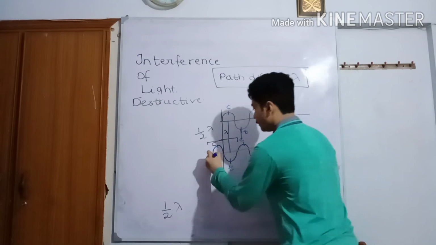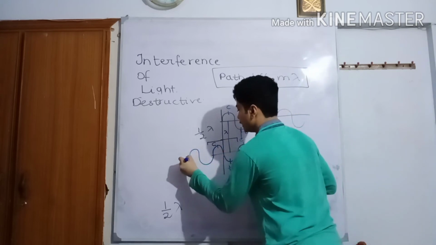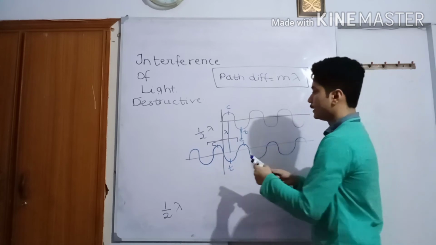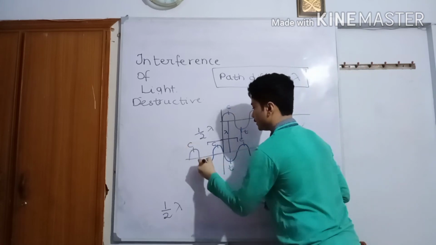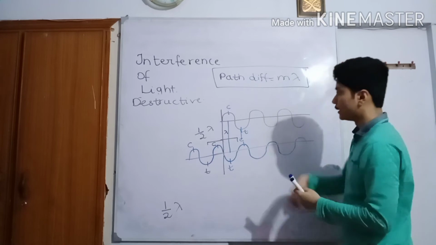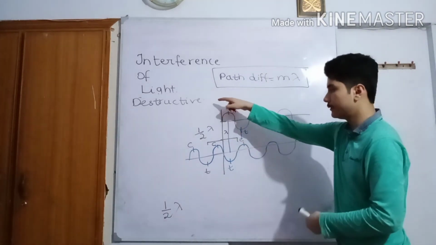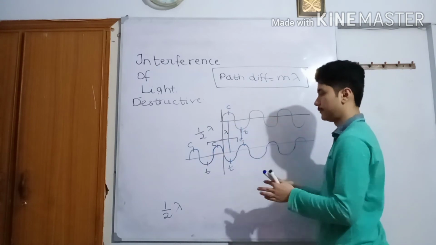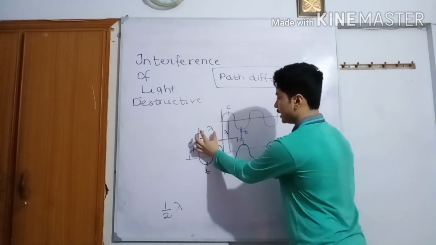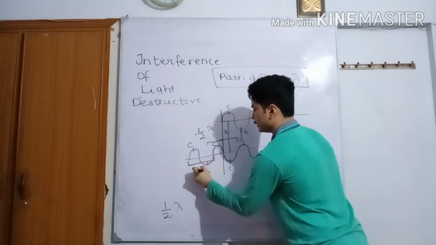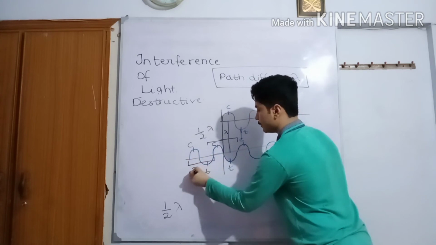Alright, now I'm gonna add another wave and just assume that I have started this light from here. This is crest, this is trough. Still crest and trough are moving together, so interference is destructive. Now let's see what is the path difference. This is half lambda and this is crest, and the distance between crest and trough is 1 lambda.